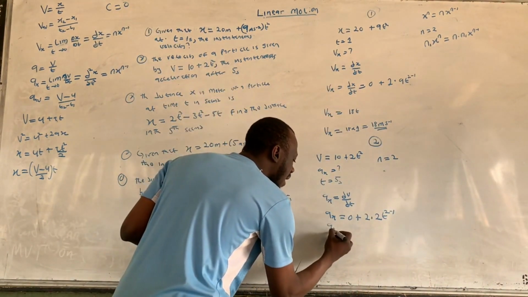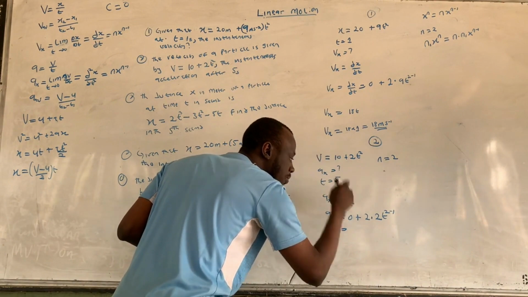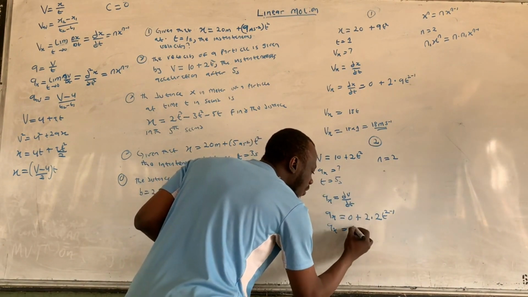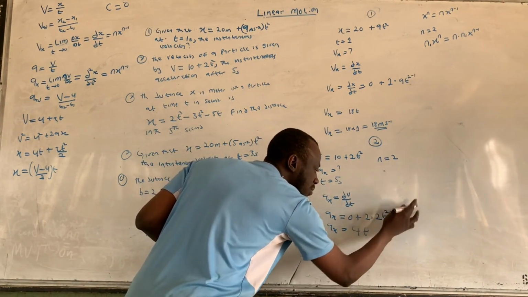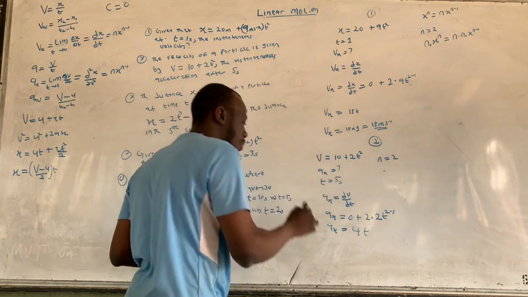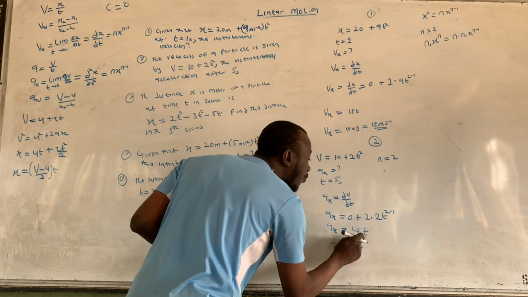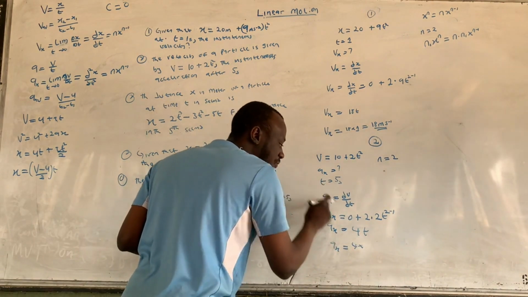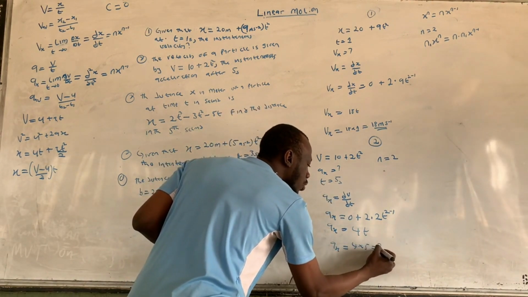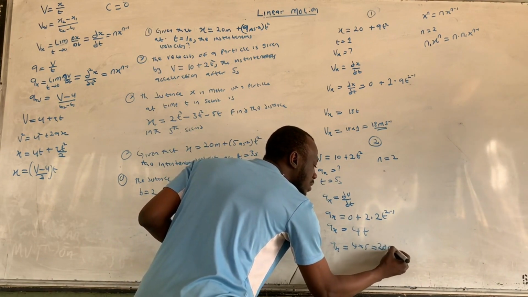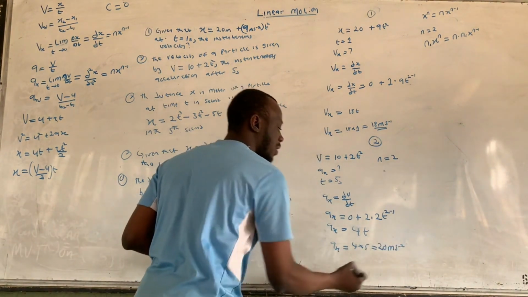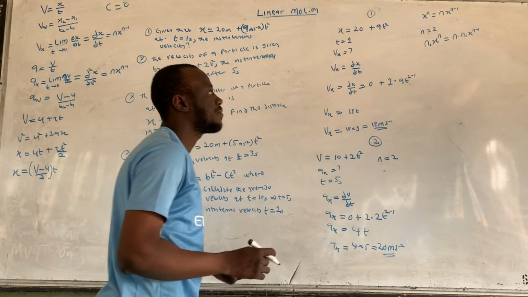Now our ax equals 0, which is gone, 2 times 2, 4t. Now our ax here equals 4 times 5, t is 5, equals 20 meter per second squared. Now you see it.